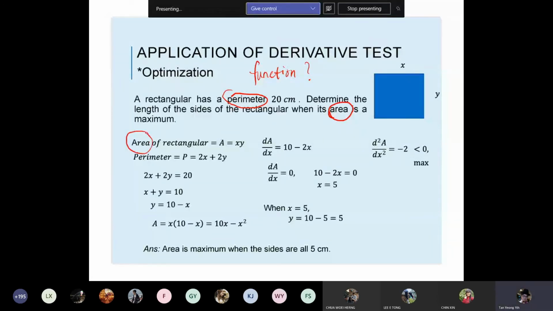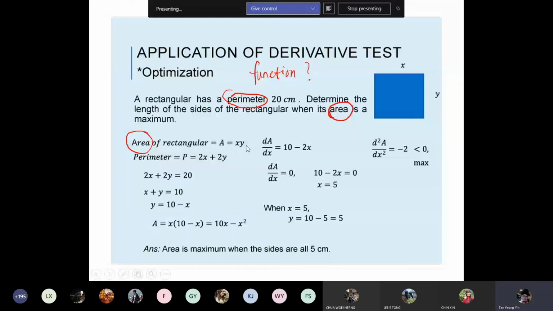The area of a rectangle is length multiplied by y, so it will be x times y. This formula is not provided. You need to know it, it's considered basic.